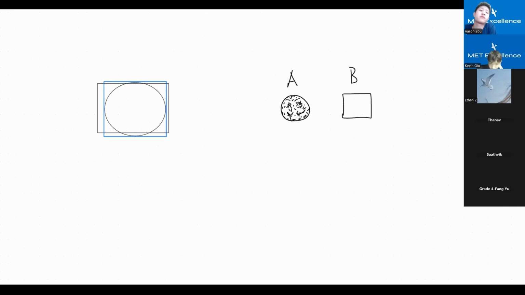Would the square's area be bigger or the circle's area? Yeah, the square's area in that case would be bigger, right? You can look at it: the circle's inside the square, so the square has more area. But they don't have the same perimeter in that drawing, so it wouldn't apply to this question.